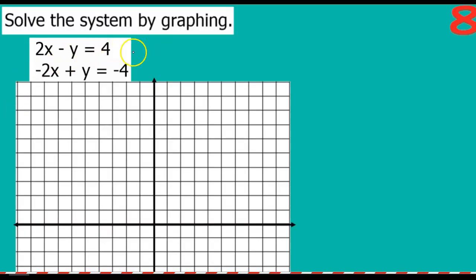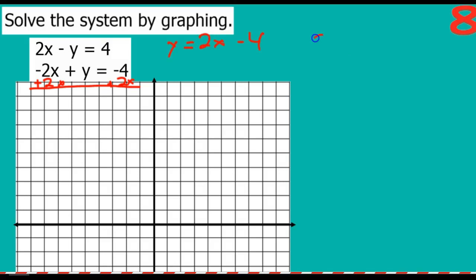Last problem, we got to solve this by graphing. If we move this 2x over, I'm going to do that one first because it's on the bottom and there's some room. So we get y equals 2x minus 4.